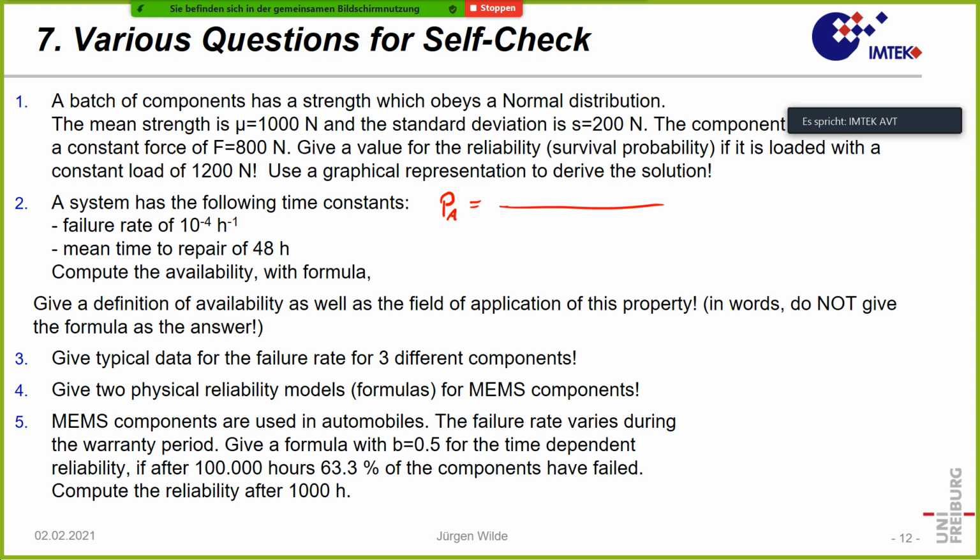It is defined as the time when it is operational divided by the total time.